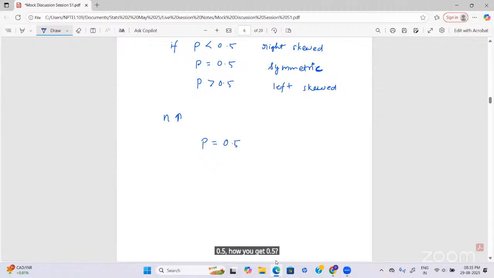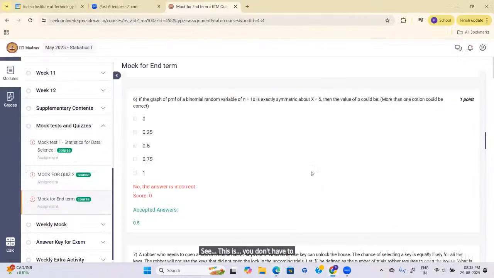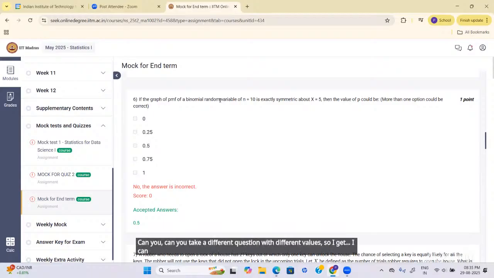How do we calculate 0.5 from that data? See, you don't have to calculate it here. This is a property of the binomial distribution, so you can remember that. Can you take a different question with different values so I can understand properly?